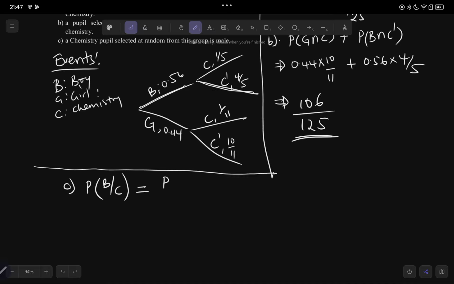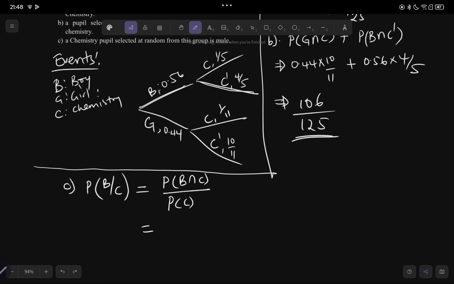This will be probability of boy doing chemistry out of probability of doing chemistry. Now we want to go back to look for chemistry by adding boys plus girls who are doing chemistry. We shall get from the previous one.